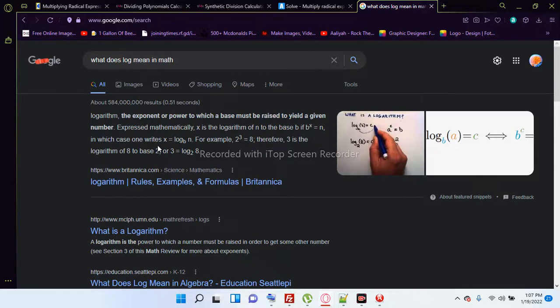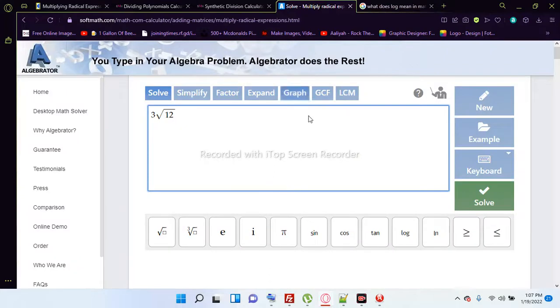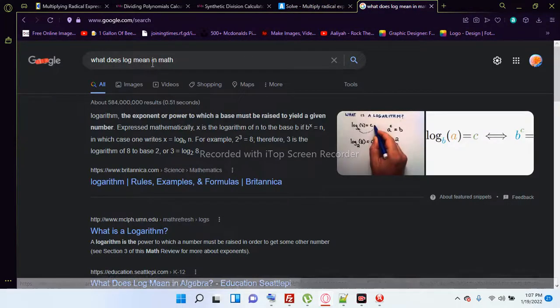So in which case one writes x equals log b of n, for example 2 to the 3 equals 8, therefore 3 is the logarithm of 8 to base 2. Okay. Logarithm.